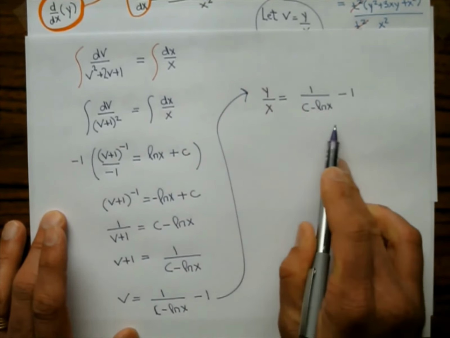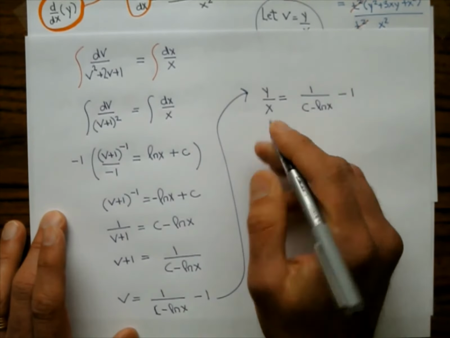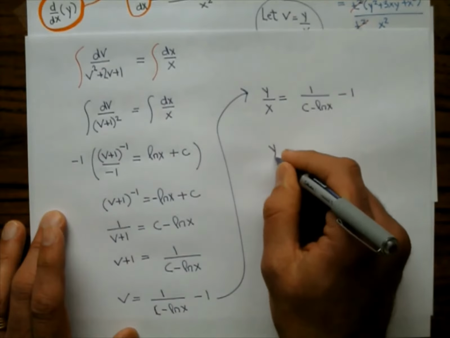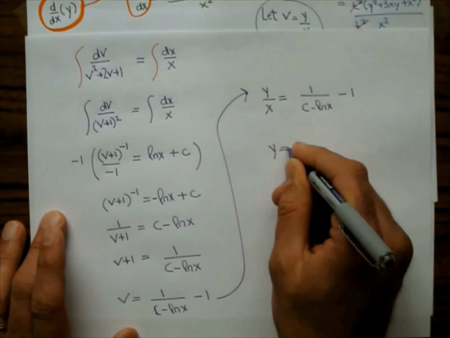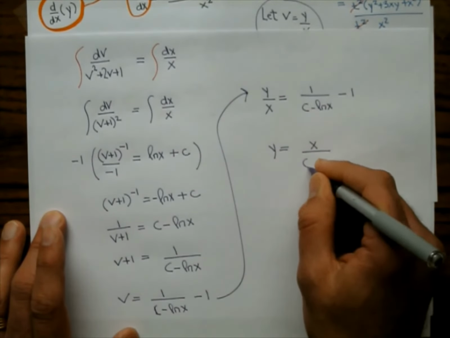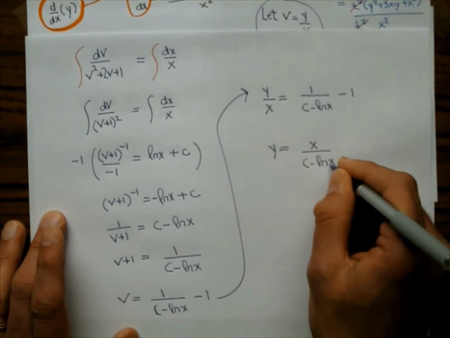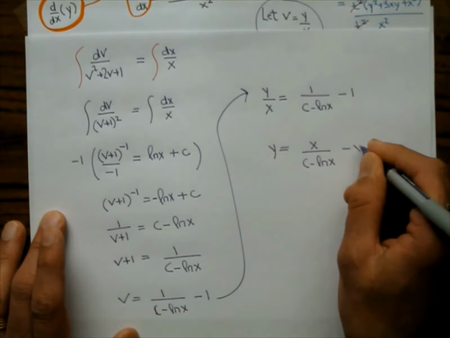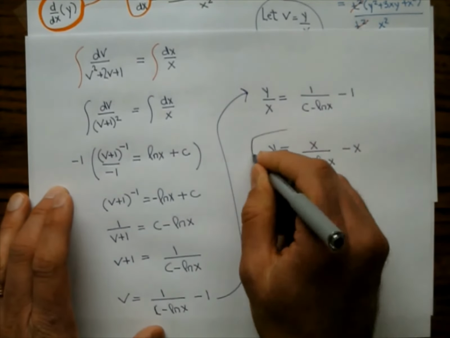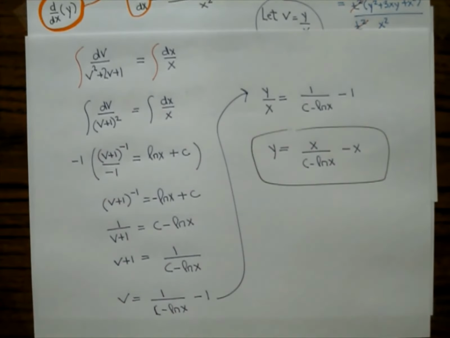I'm going to multiply both sides of that equation by x. So this is one where I would probably say solve for y in the instructions on the test. So this is y equals x over c minus ln x, and then this is minus x. Actually, I should have changed back to black ink, but oh well, there is my answer.